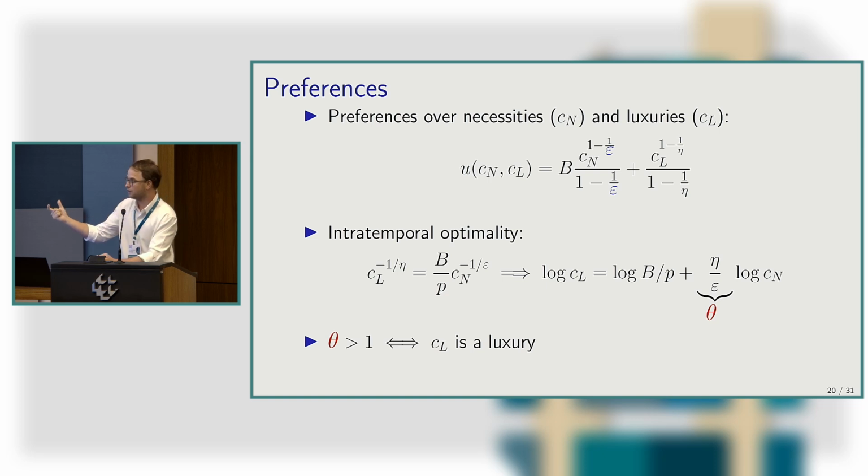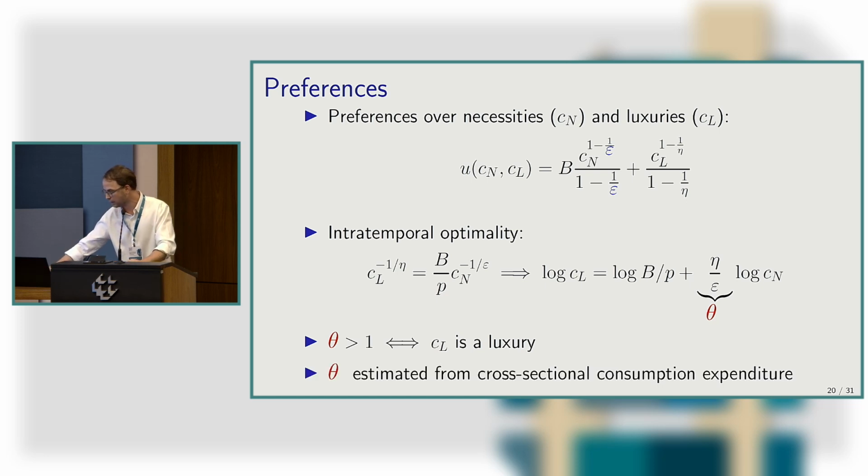If this ratio is greater than 1, that's the definition of a luxury. If they are equal to 1, then we are back to homothetic preferences. This parameter can be estimated from cross-sectional consumption expenditure, and that's how I calibrate this new parameter of the model.